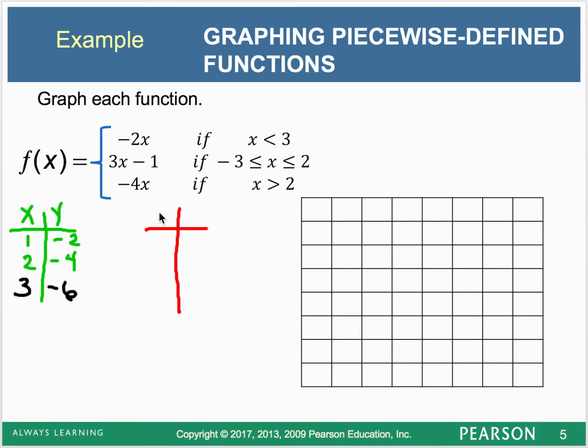Okay, and this is if x is, and each endpoint is included, -3 to 2. So -3, -2, -1, 0, 1, 2. Lots of values for this one. And you don't have to do every value. You might do -3, -1, 2.